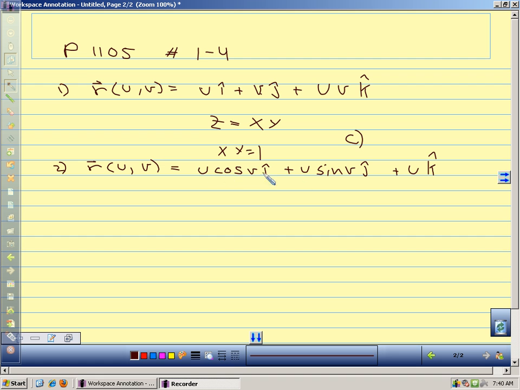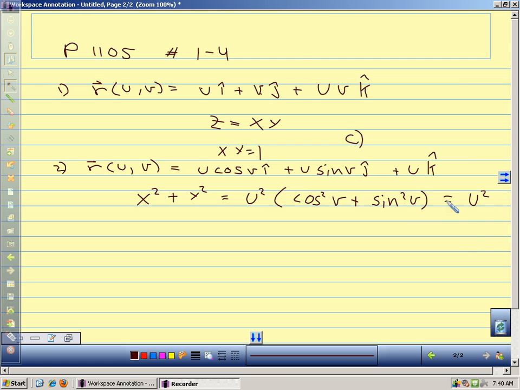When you see trig functions like this, think Pythagorean identities. I'm going to square x and y. x squared plus y squared equals u squared times cosine squared v plus sine squared v, which equals u squared.